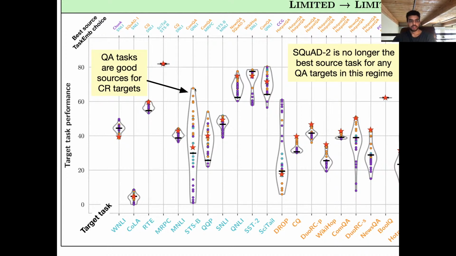These orange dots are when we do intermediate fine-tuning with a question answering data set. This could be SQuAD or HotpotQA or NewsQA or something like that. You can see that the blue dots, the ones that correspond to other classification tasks, are below these orange dots. This black line corresponds to what happens when you do no intermediate fine-tuning at all.